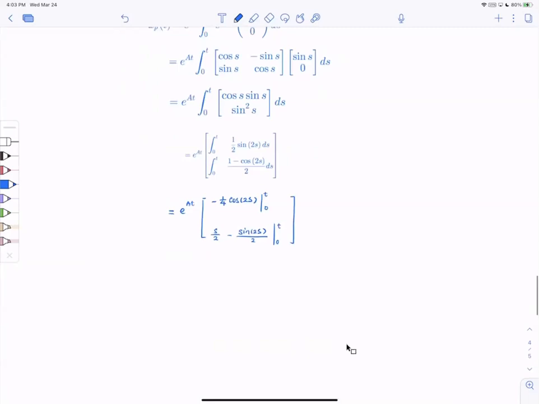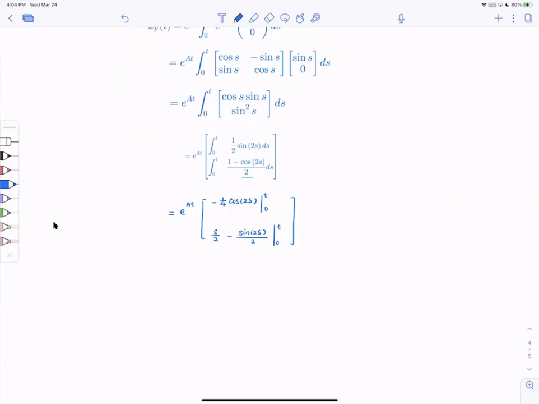Did I make a mistake somewhere? Sine 2s. Where? Is it cosine 2s? Let me check the trig identity. It's possible that I made a mistake, but I'm not sure. Let's check. 2 sine u cos u equals sine 2u.